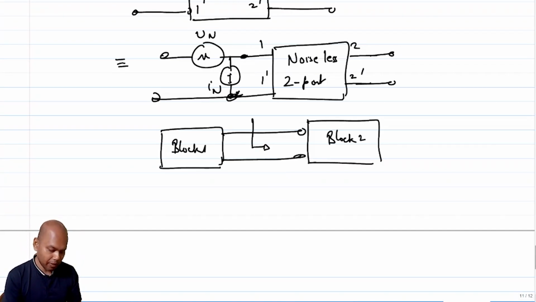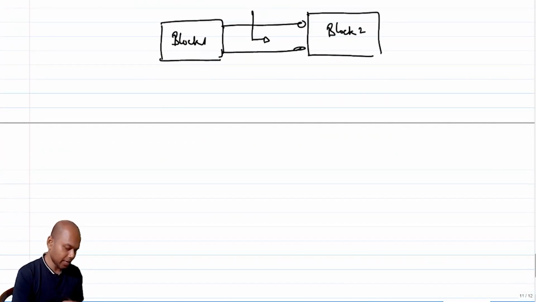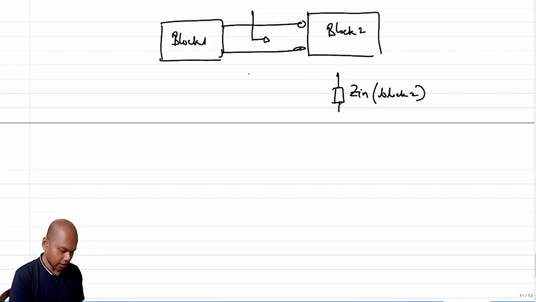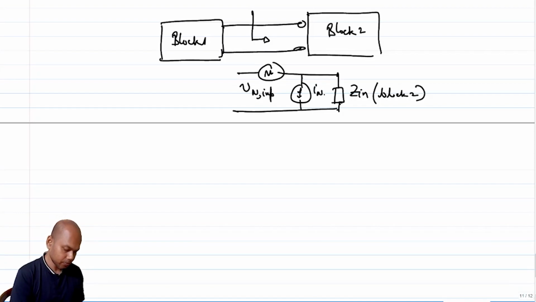So I am asking for the Zin for block 2, the input referred voltage for block 2, and the input referred current for block 2, and this is the model that I am going to use to design my block 1.